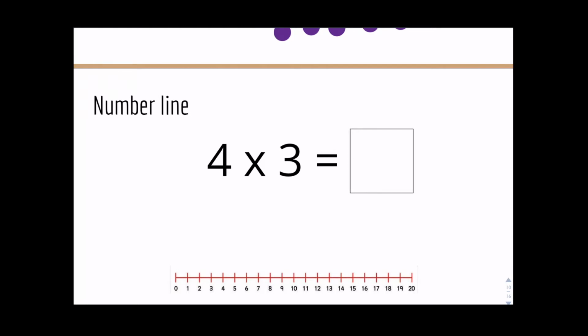And number line, really just another strategy, probably not used as often as the rest, but it is nice to see it as far as imagery with the numbers lined up. So the X or the sign in this case stands for jumps of. So we're saying there's 4 jumps of 3.